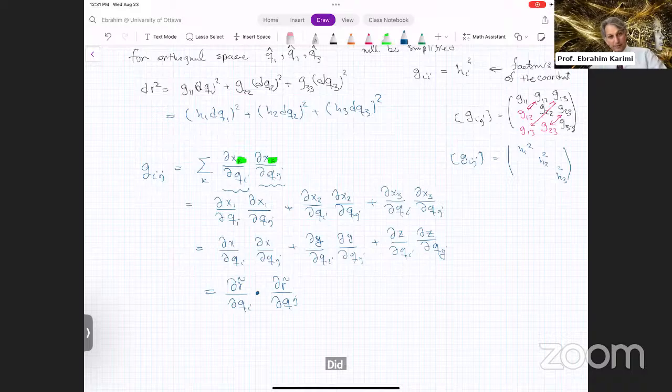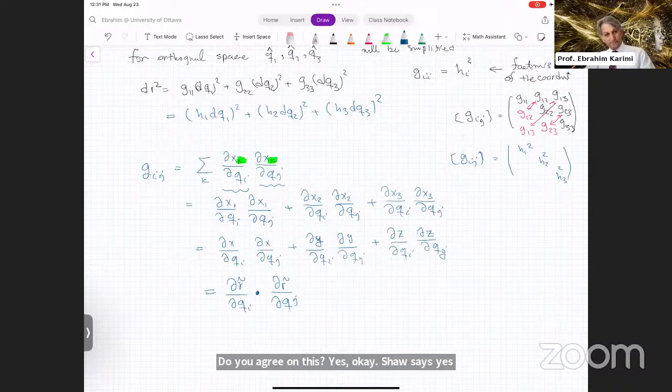Can I write it in this way? Do you agree on this? Yes, okay. Shao says yes. So anyone else? Do you agree with this conclusion?